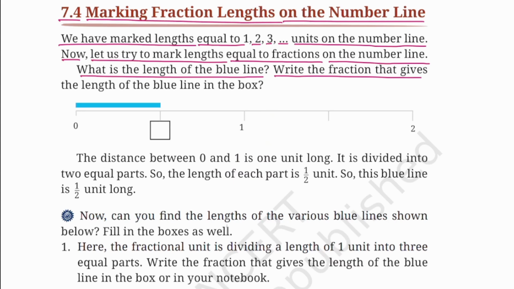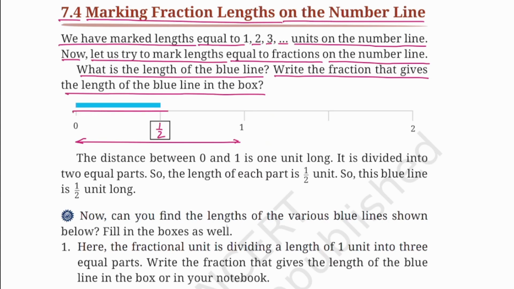Write the fraction that gives the length of the blue line in the box. You can see, from here to here it is 1 unit length and the blue line is half of 1 unit length. That is, the blue line will have a length of half unit.